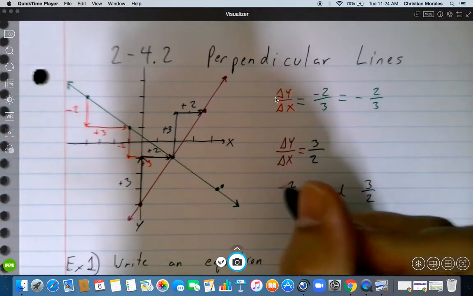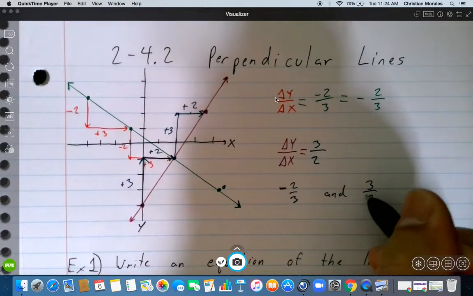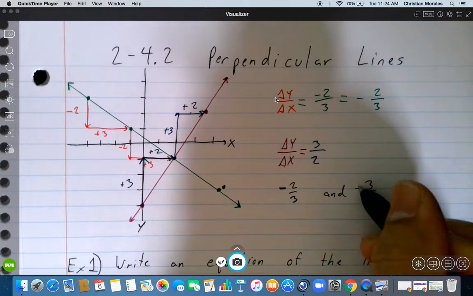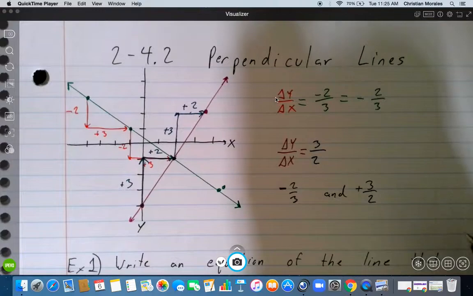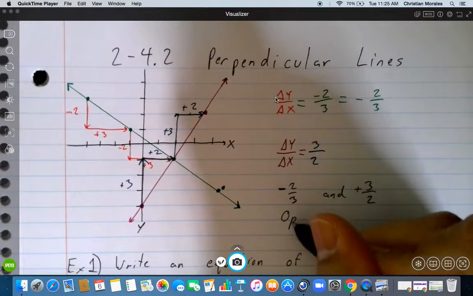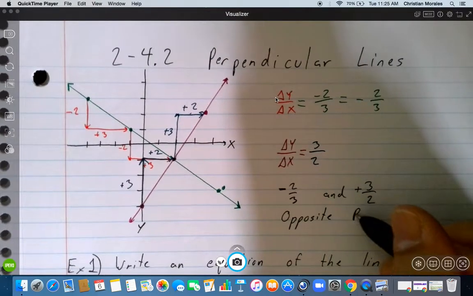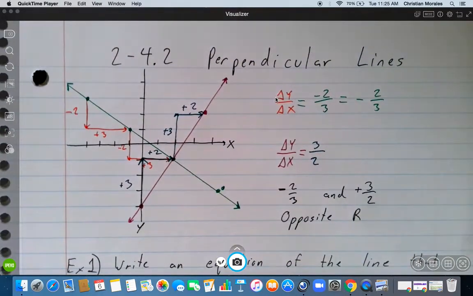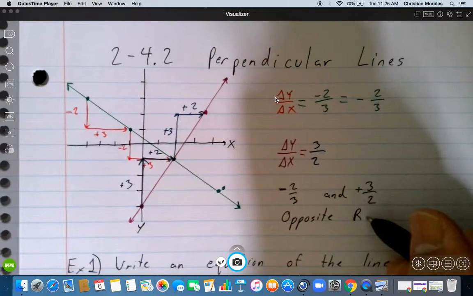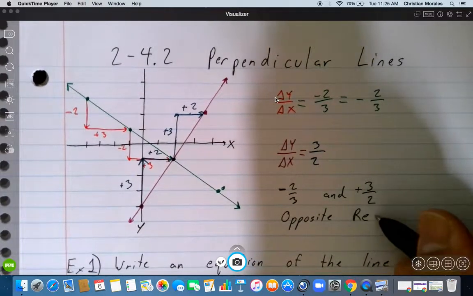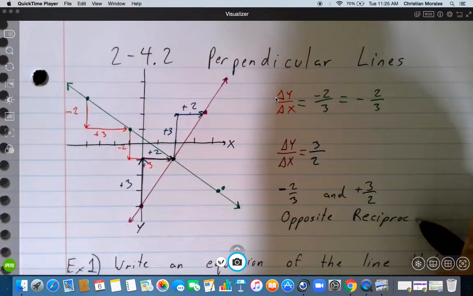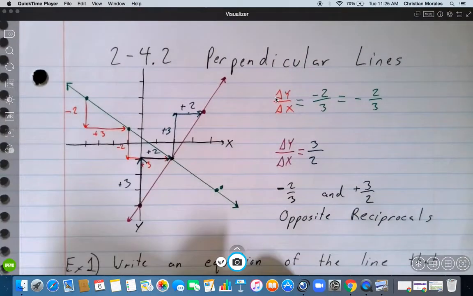But we also see this: one of them is negative, and the other one is positive. So this is what we call opposite reciprocals. Sorry, it took me a while to think of the word right there. Opposite reciprocals.